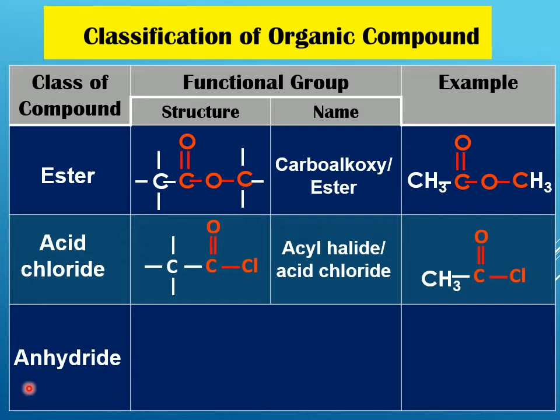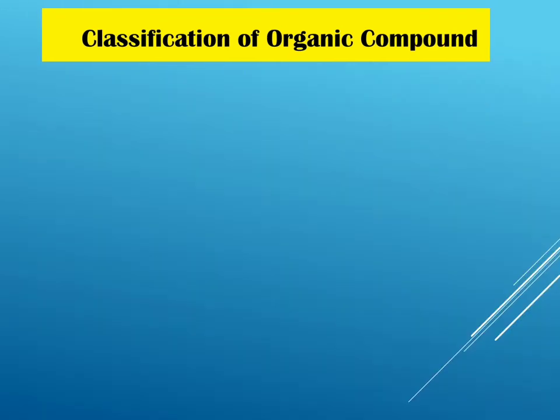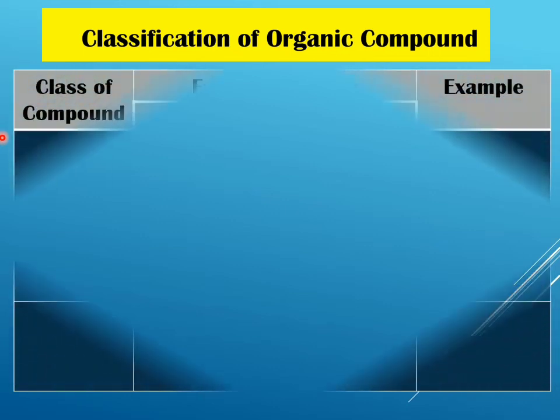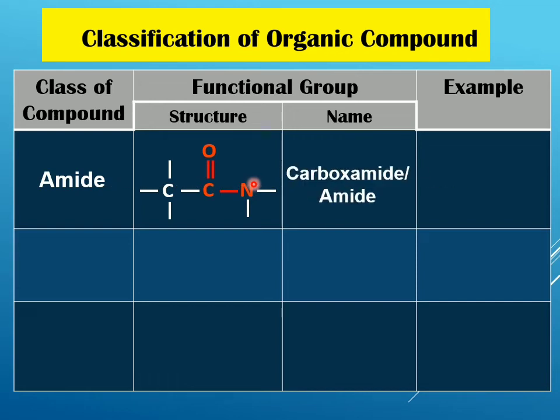And for anhydride, the functional group is made of C double bond O and another C double bond O, so the functional group is named anhydride. For amide, the functional group structure is made of C double bond O connected to an N. So the functional group name is carboxamide or amide.